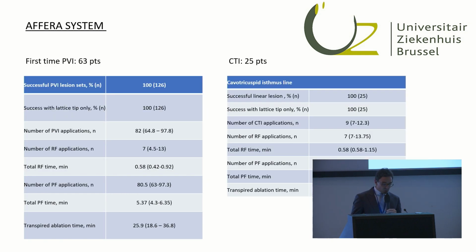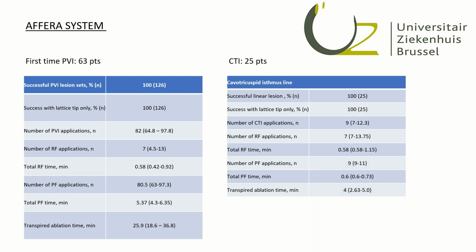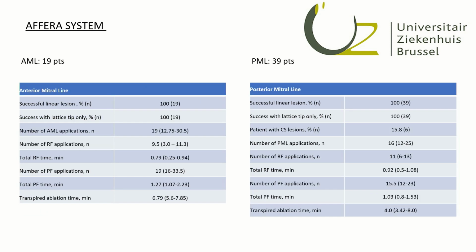Very easy to complete PVI, very easy to complete CTI. CTI is completed in our lab, at least, with radiofrequency. Anterior mitral line also, posterior mitral line. It's extremely consistent, extremely fast, and Affera users will absolutely tell you that this is the experience that is widely seen with this catheter around.